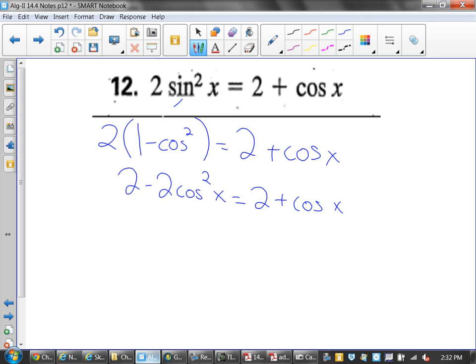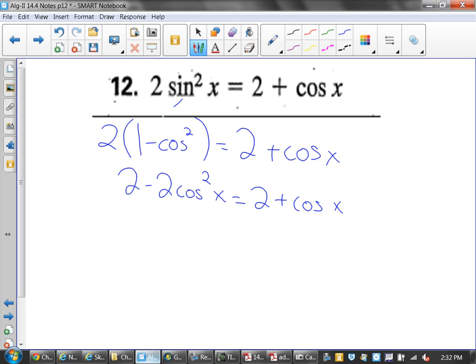So now we want to get one side equal to 0. Every single time we had to get one side equal to 0, no matter what we were working with, factoring or solving equations, we always wanted the highest degree of our problem to be positive. Right now, it's negative. Does everybody see that? It's negative 2 cosine squared.